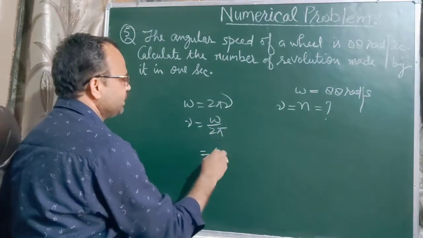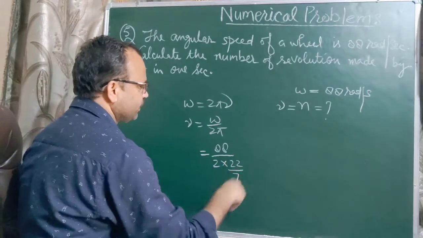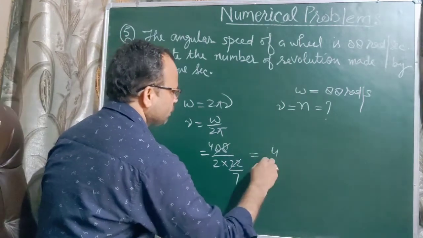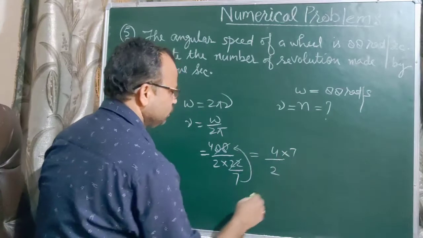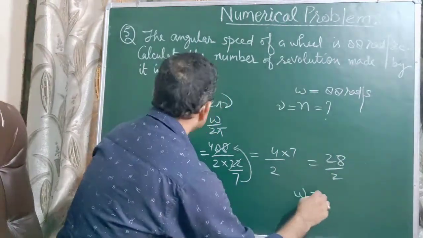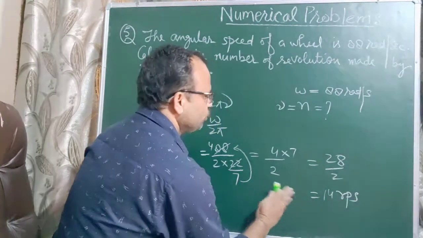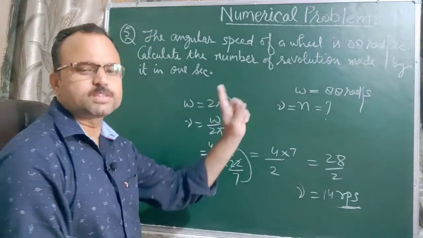So the value of omega is 88 and the value of pi is 22 by 7. So 22 fours are 88 means 4 upon 2 and this 7 is moved to the numerator. So here 28 by 2 means 14. Sorry, nu equals 14, means it will complete 14 revolutions in 1 second.